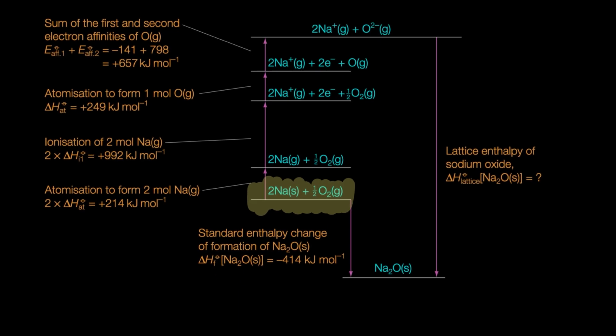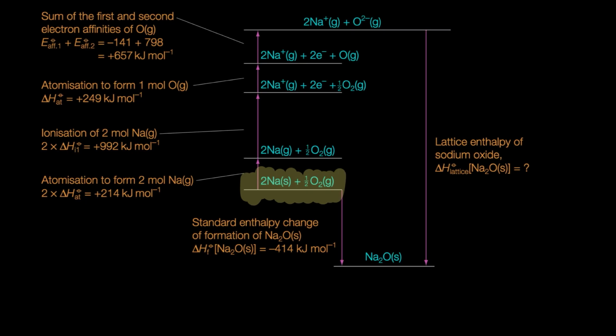So in this particular case, remember 214 is 2 times 107, and 992 is 2 times 496. So it's 2 times 107 plus 2 times 496. I've taken this from a book, so they've multiplied it.